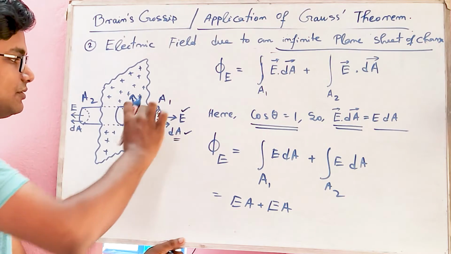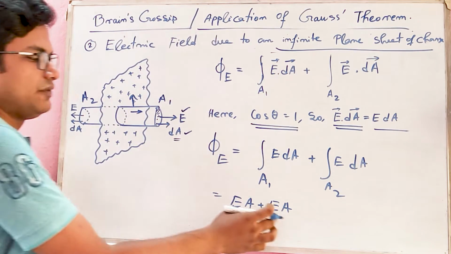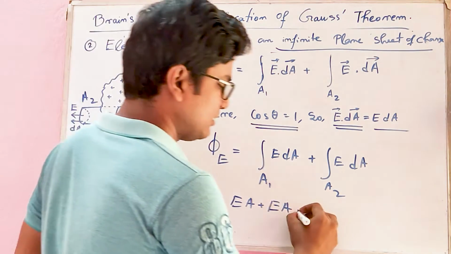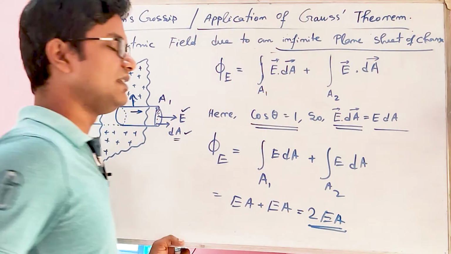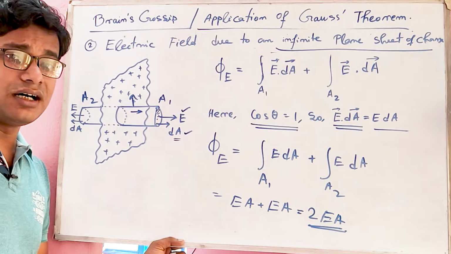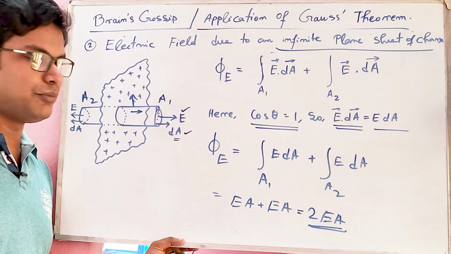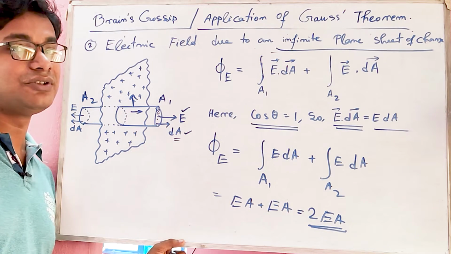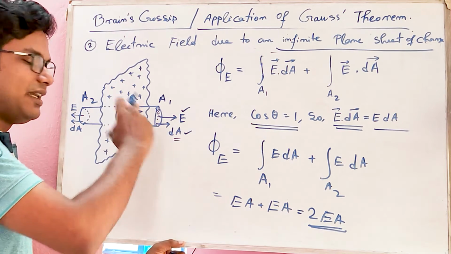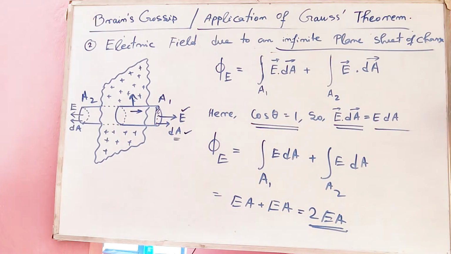As it's a cylinder, this area equals this area, so that is why I have written A only. So that is equal to twice EA. I hope this is clear. Now according to Gauss's theorem, this twice EA equals the total charge enclosed by this Gaussian surface.